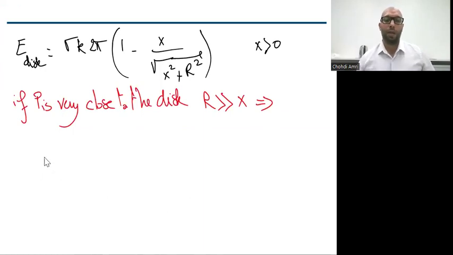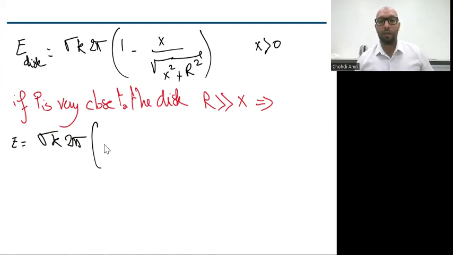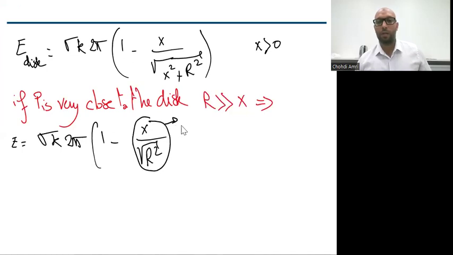In this case, E becomes sigma k 2 pi factor of 1 minus x over, we neglect the x, that means x over R squared under the square root. This quantity, 1 over something very big, is 0. So our equation becomes sigma k 2 pi only.